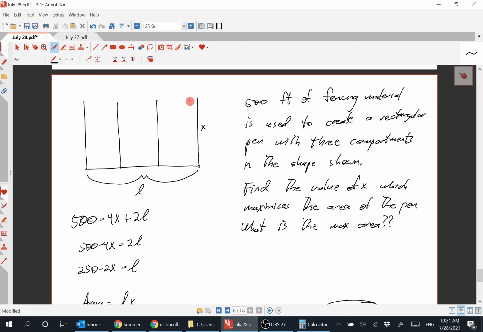I could say one side of this pen is built along a barn. So you have this barn here, and I'm going to build this pen along here. Now the amount of fencing material used isn't 4x plus 2l, it's just 4x plus l, because I only need one side of length l.